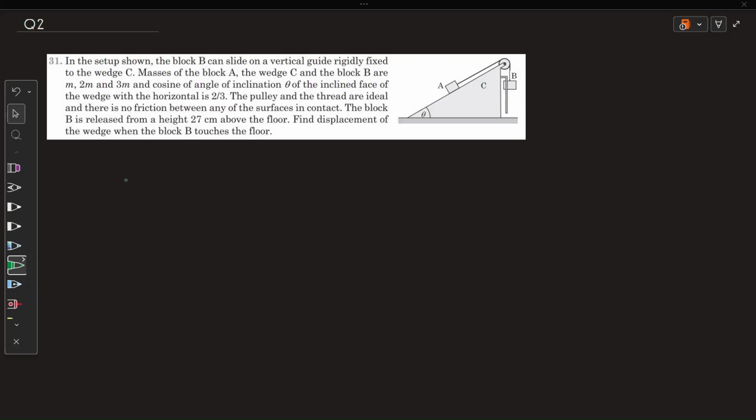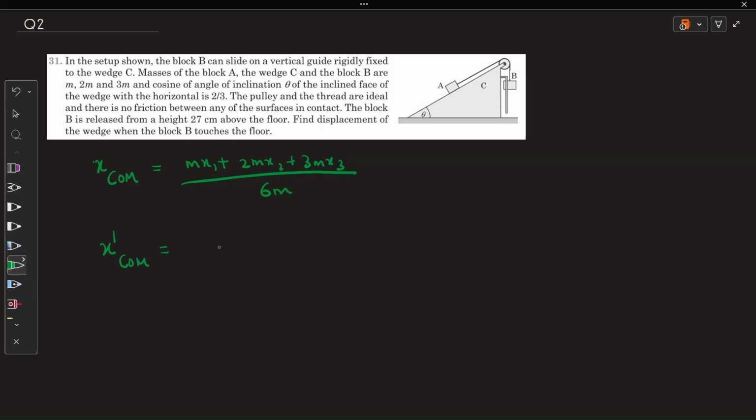Correct? So the initial center of mass of the system in x direction is the final one too. So initial x coordinate of center of mass of system, x com, is nothing but, let's suppose, mx1 plus 2mx2 plus 3mx3, whole divided by 6m. And the final is nothing but x dash of com.